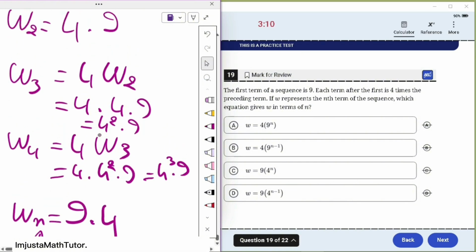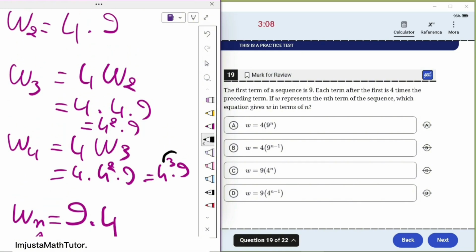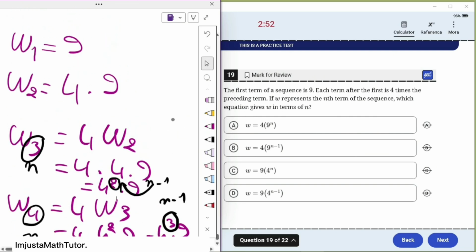So it's 4. Now, when we have 4 to the power of 3, what does n equal? It equals 4, which is n minus 1, if n equals 4. Now, when n equals 3, here it's still n minus 1, which is 2. Here, n equals 2. This is still n minus 1, okay?